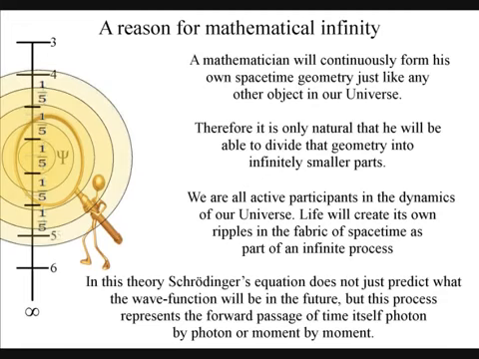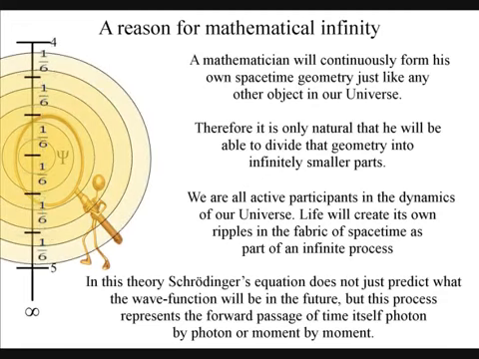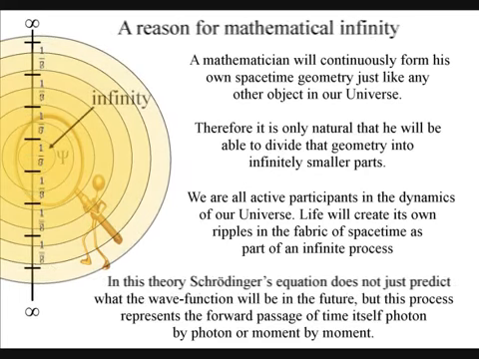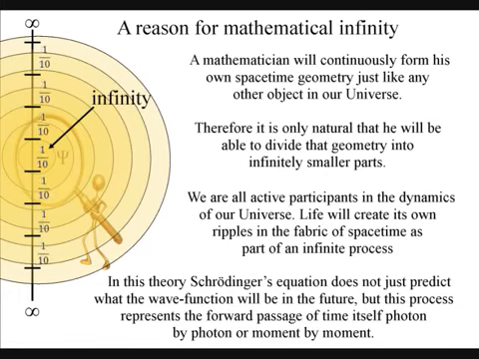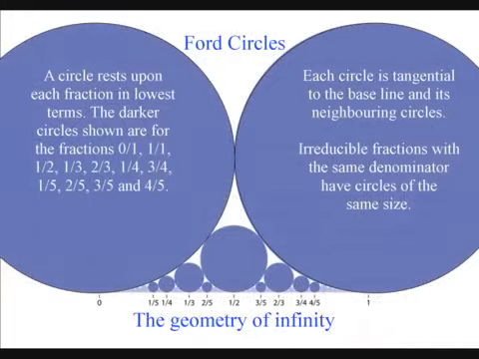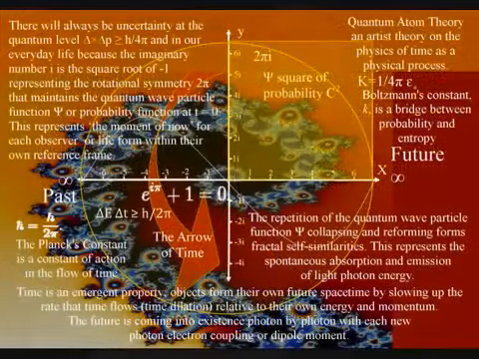Therefore it is only logical that he or she will be able to divide that geometry into an infinite number of smaller parts as time unfolds. The universe is an interactive, dynamic, expanding continuum, and therefore we have the infinities of human mathematics. We are all active participants in the dynamics of our universe.